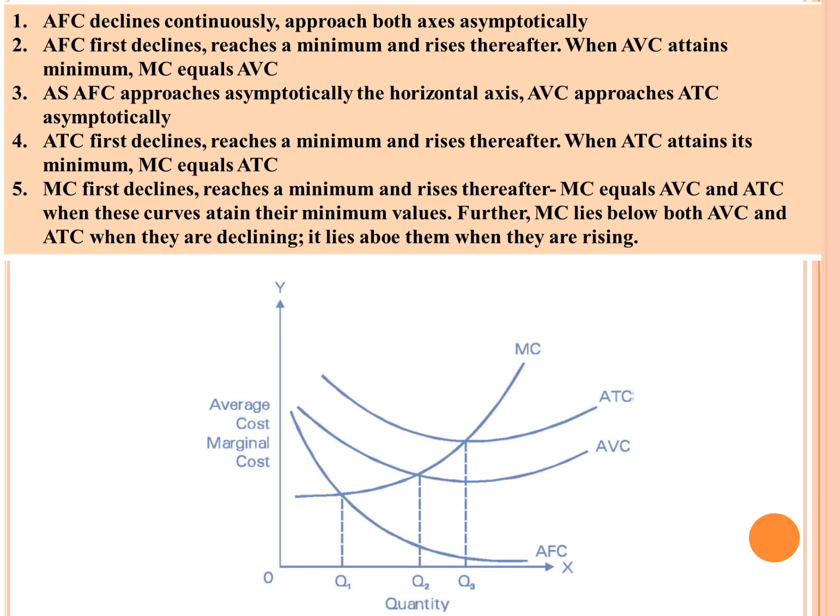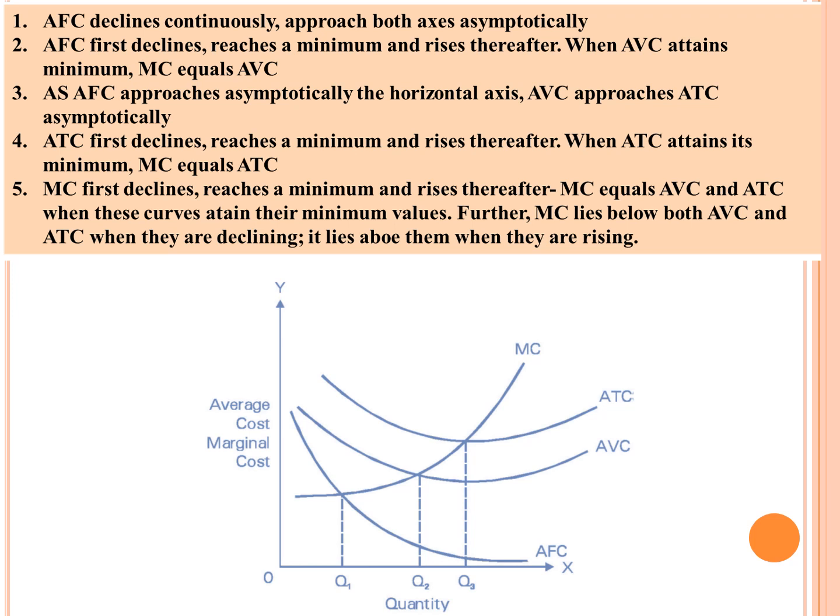In the production principle, I highlighted that when average productivity is at its maximum, marginal productivity just touches the average productivity curve. Here, marginal cost touches or crosses the average variable cost when the average variable cost is at its minimum. It's just the reciprocal of the productivity principles I highlighted in my previous video.